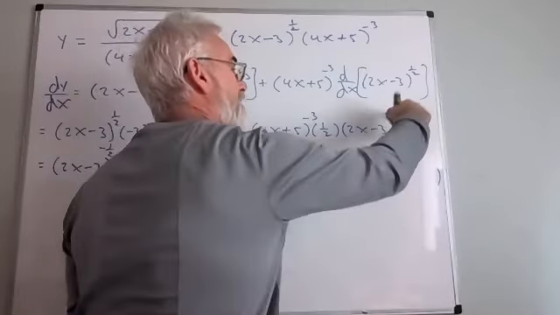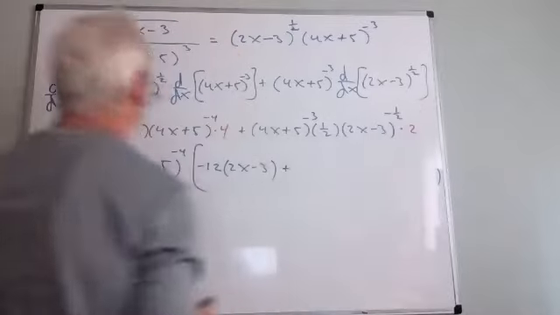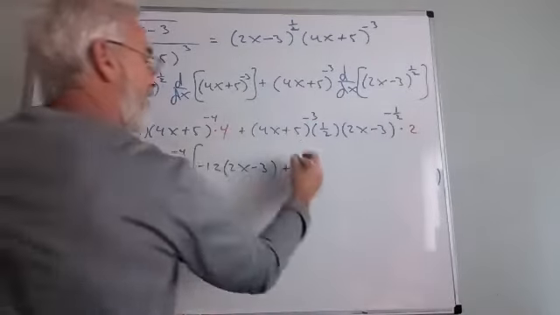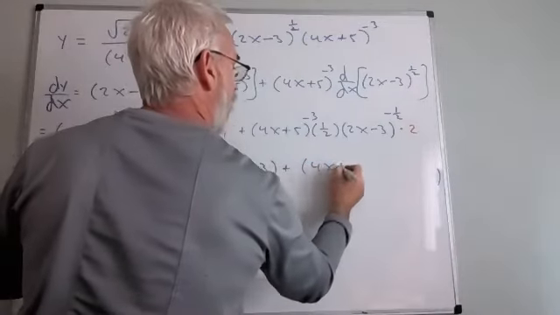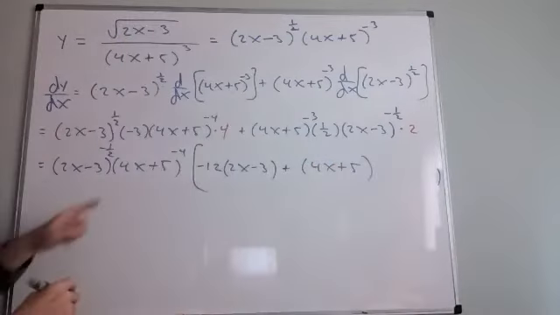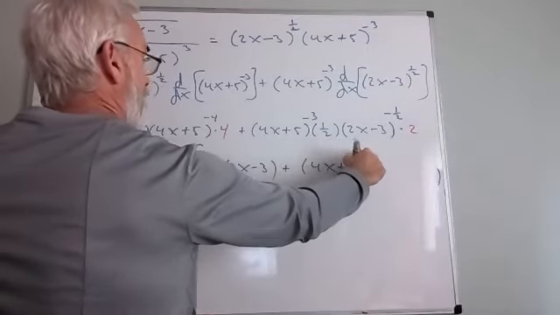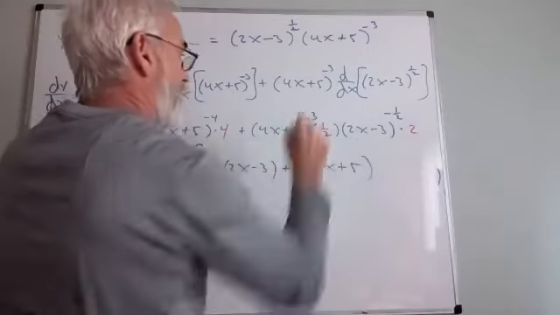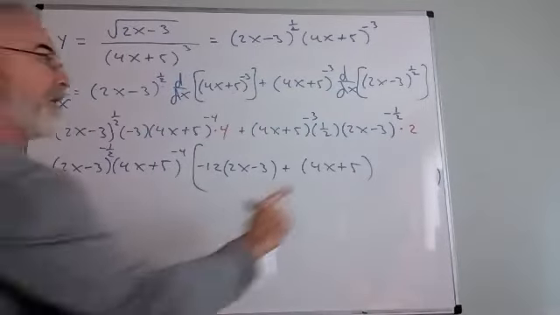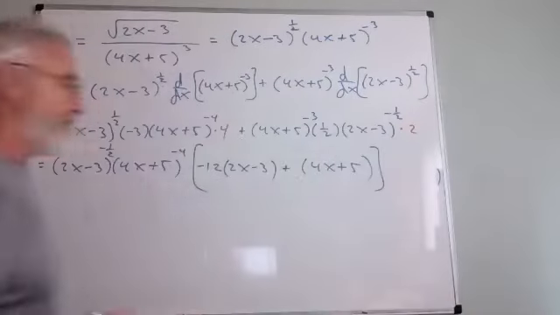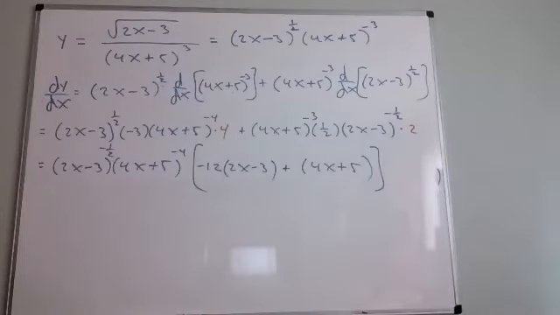I pulled out the entire factor here, but I pulled out one more than I have here, so there would be an entire factor of 4x plus 5. Again, (4x plus 5) to the first power times (4x plus 5) to the negative fourth power. That gives me my (4x plus 5) to the negative third power. The 1/2 times the 2 canceled, and that guy factored out. So now this is looking kind of pretty.